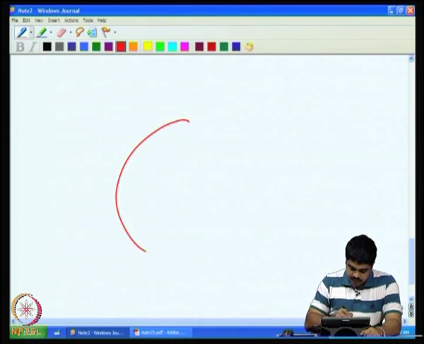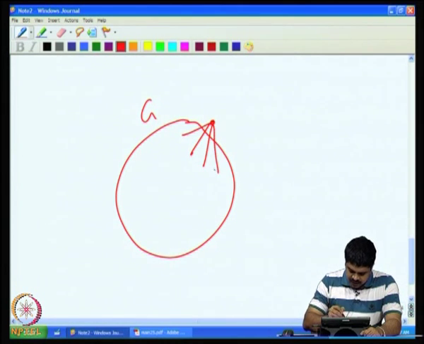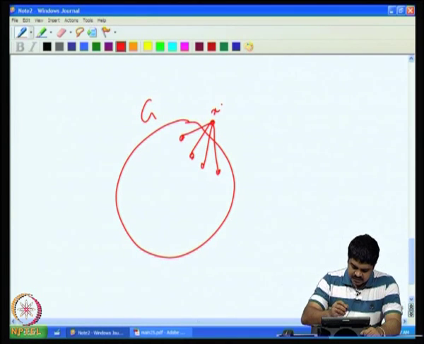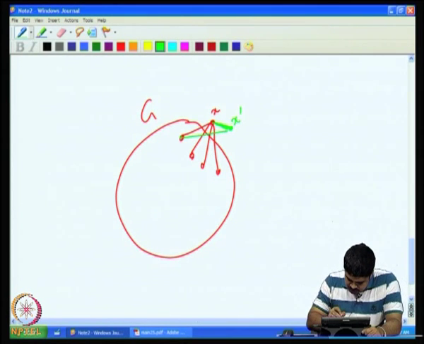Suppose you have a graph G, and this is a vertex x of the graph, and these are its neighbors. Then x is expanded to an edge x x dash. You introduce a new vertex x dash, connect it to x, and also connect this new vertex to all the neighbors of x.